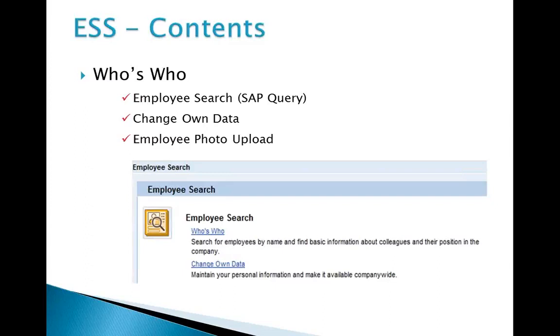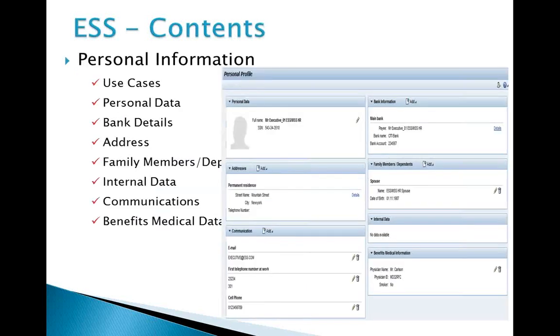These are the different services available here. This is available in WebDynpro Java. This is not available in WebDynpro ABAP. I mean, these three, the Who's Who portion, is not available in WebDynpro ABAP. Exactly.